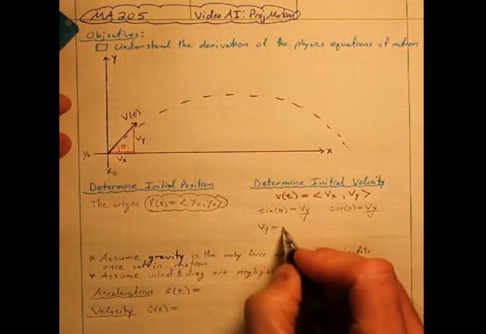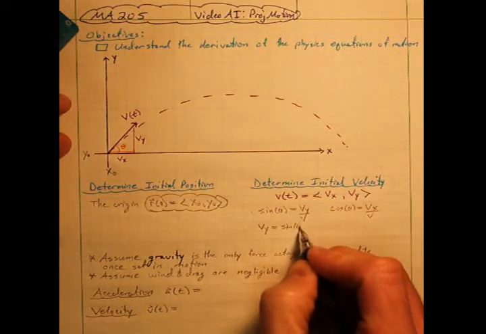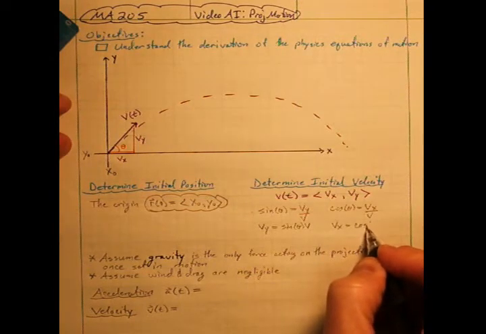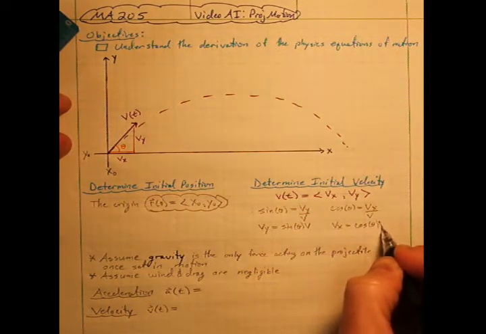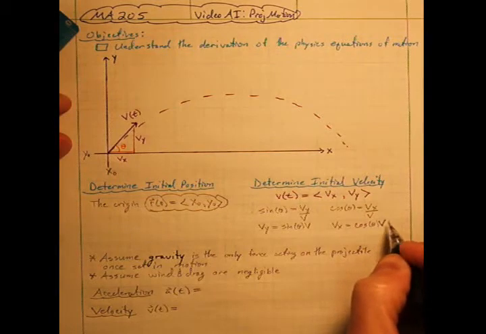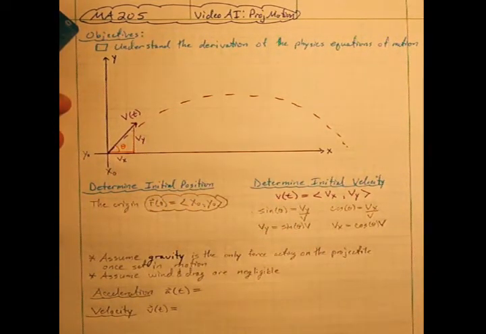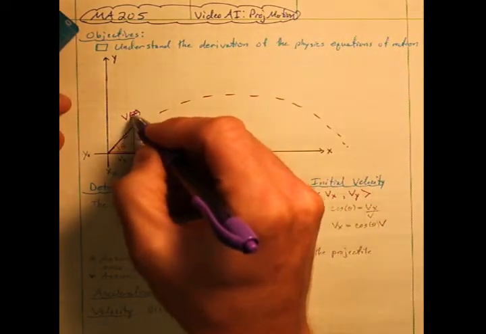V sub y is now the sine of theta times v, and v sub x is now the cosine of theta times v. Okay, where v, up here I called it v of t, should actually be a correction, should be v naught.